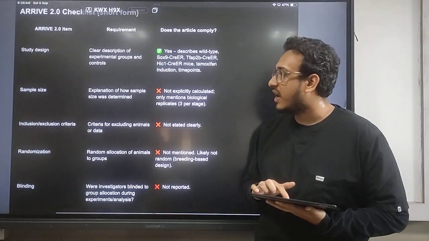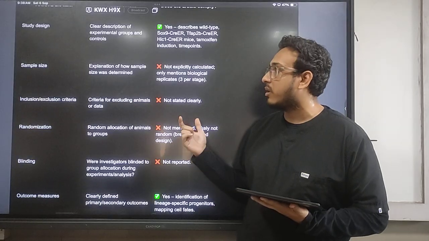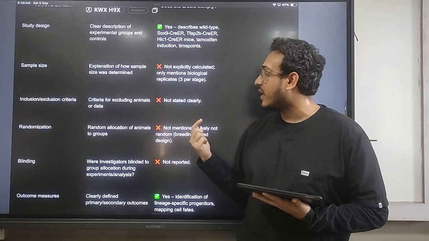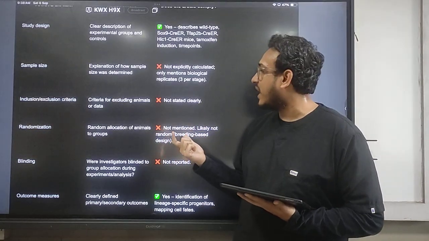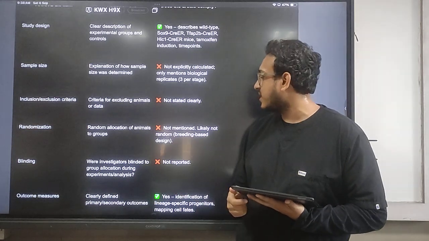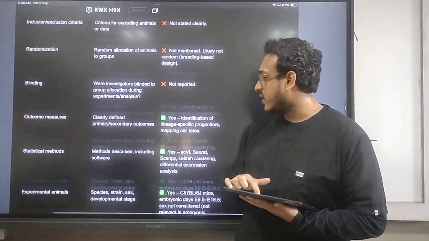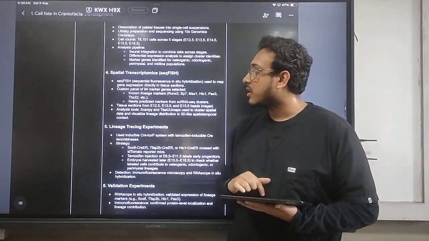In the ARRIVE guidelines, they did not mention the sample size, which was not explicitly calculated, and the inclusion-exclusion criteria were not clearly stated, as well as there was no mention of randomization, likely because there was no randomization. The rest of the guidelines were followed by this article. So this is the general term.